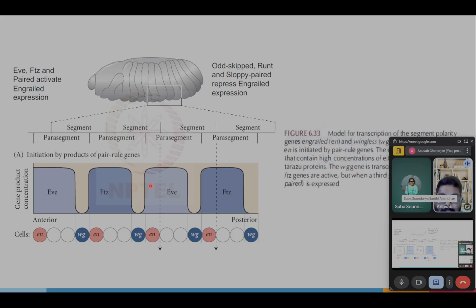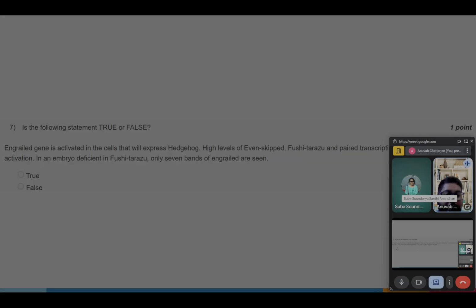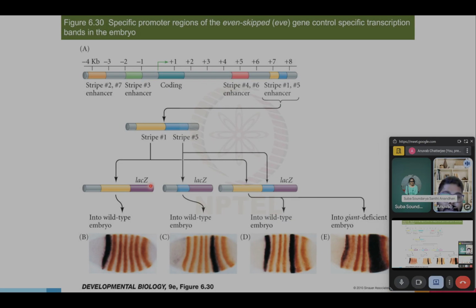Okay, so let us go slowly. Till now, whenever we have been talking about the gap genes, these genes are transcription factors. So when they are expressed, these genes go around and help in expression of the pair rule genes. Till then, cellularization has not begun.